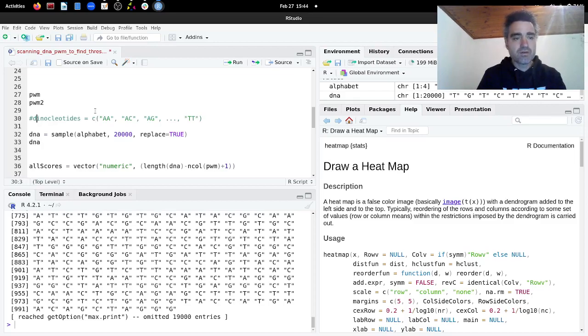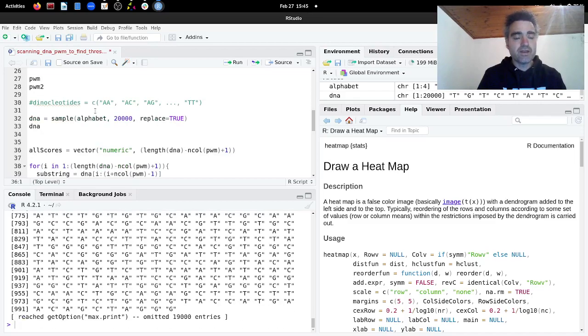Now, if these dinucleotides have different probabilities, then we might randomly simulate a DNA sequence that, at least in some features, is closer to the real DNA than what we construct here by just sampling a letter every time.